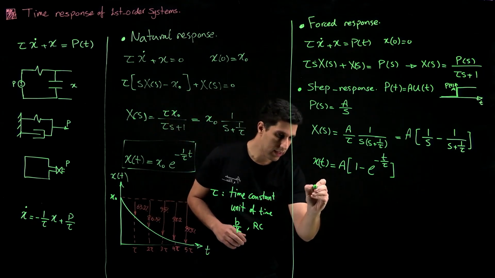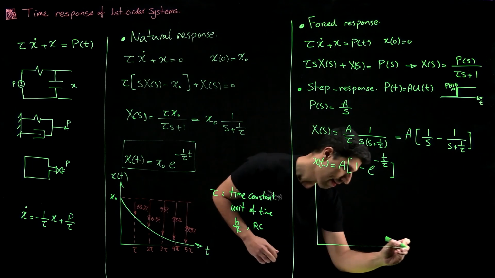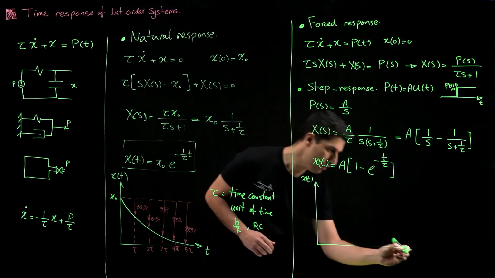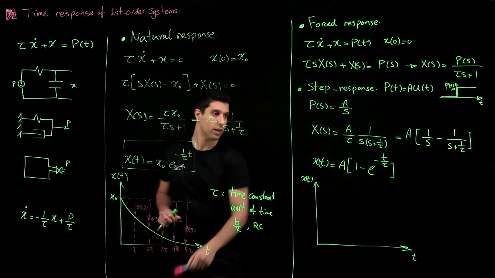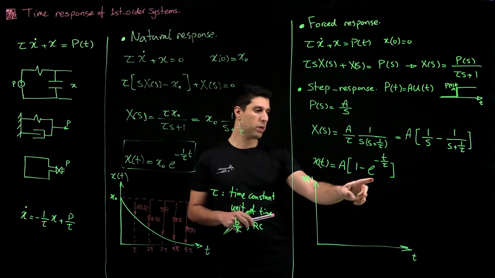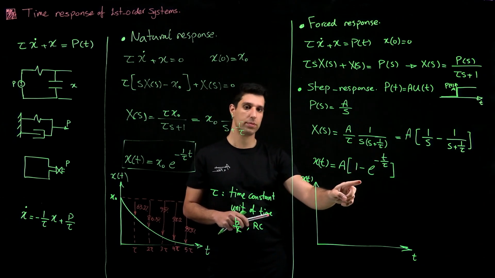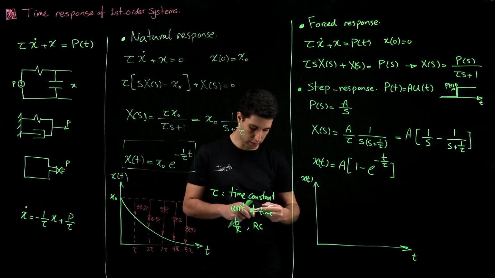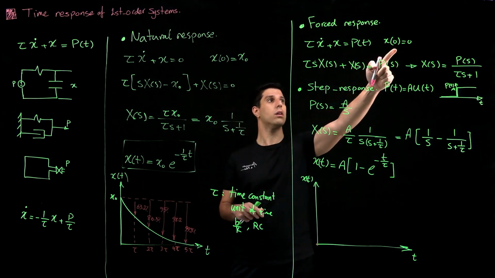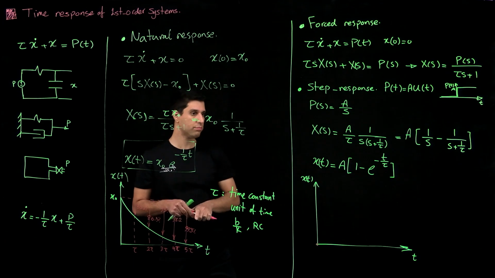And how does this response look? x of t versus time. At t equals 0, we have 1 minus e to the power 0, and that is 0. So I start from here as expected, because my original initial condition was 0.